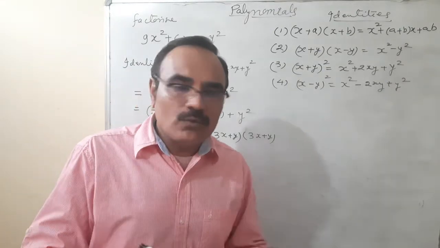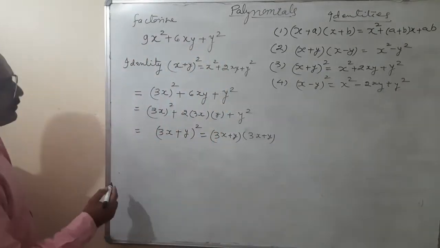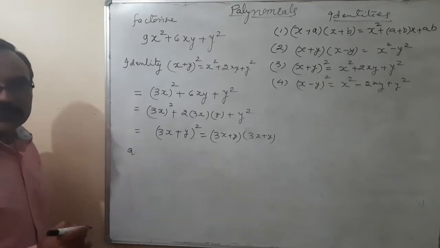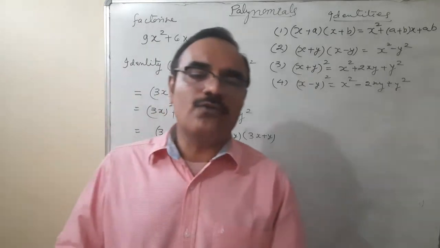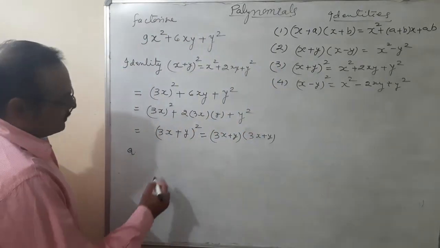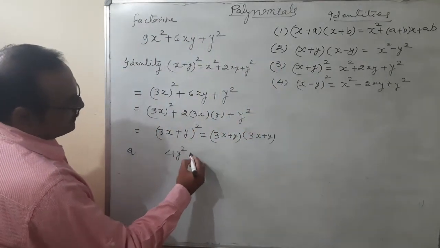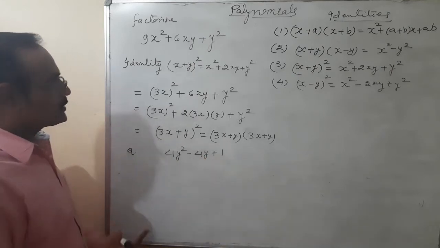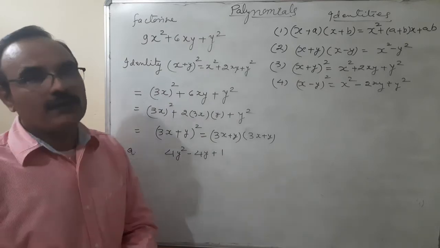Okay friends, one more example I am taking now. Next question, again factorize: 4y square minus 4y plus 1. How to factorize?